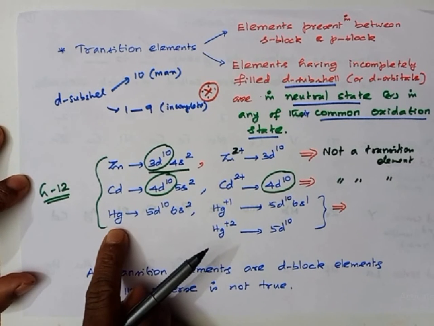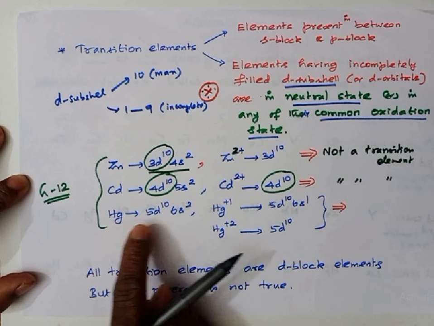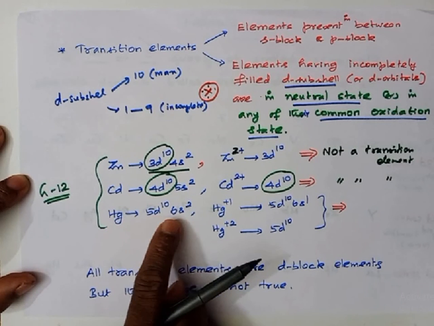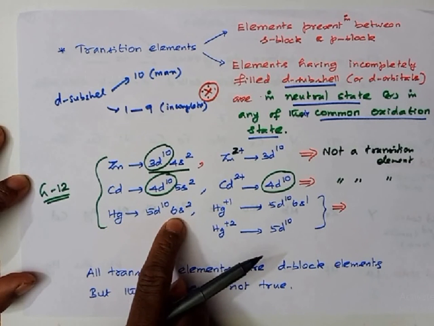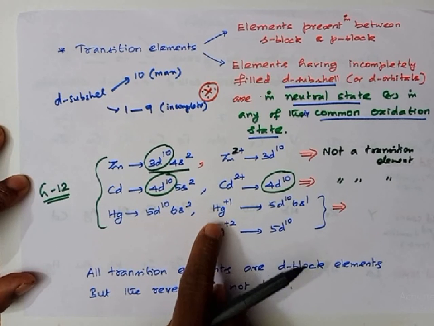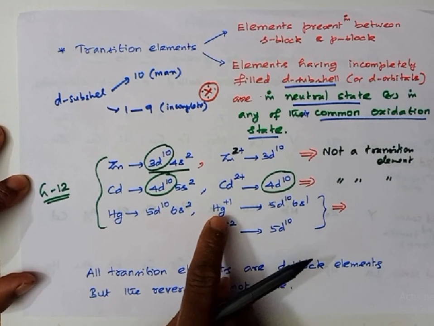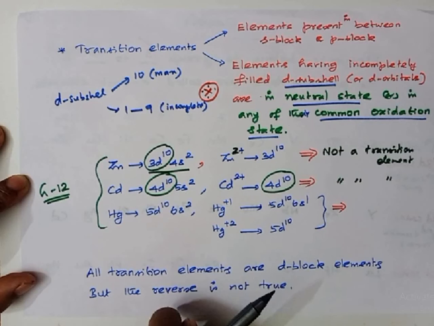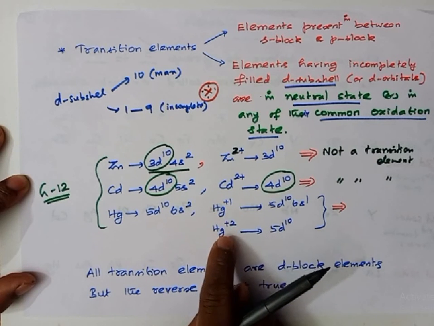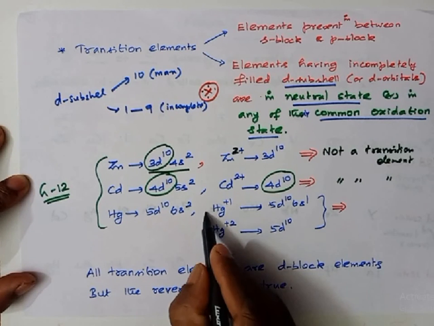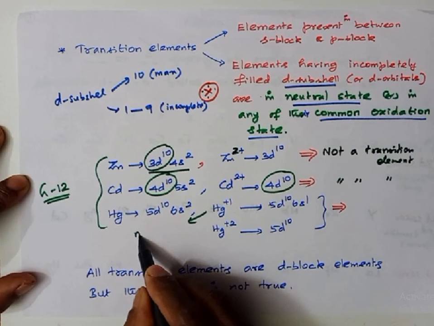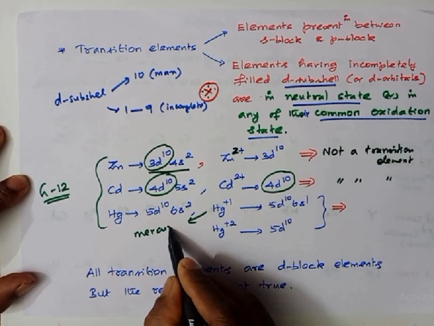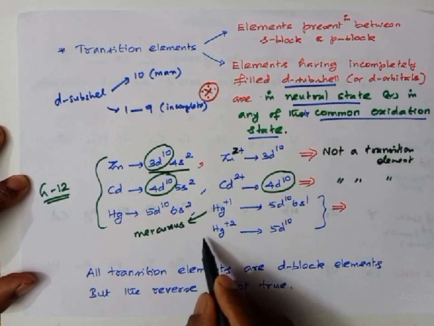Then if you come to mercury, the electronic configuration is 5d10 6s2. Mercury exists in two different oxidation states, Hg+1 and Hg+2. Hg+1 is called mercurous, we say that it is the mercurous ion.